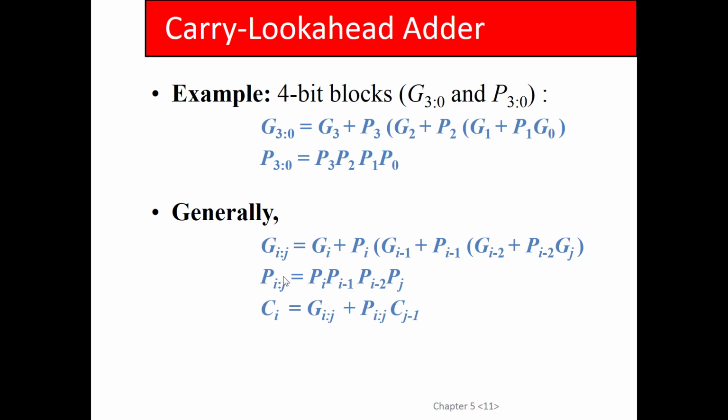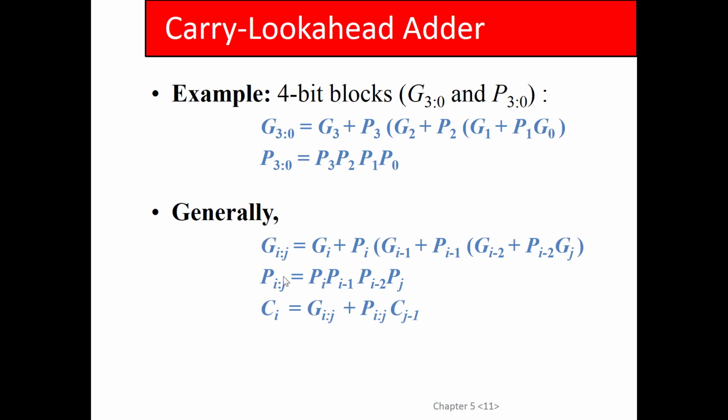So before, this was like generate 2, right? Generate 3. But this says 3:1. This covers 4 bits. This is the generate that covers 4 bits, right? And you can build it from the individual generate and propagates of the columns that are inside that group of 4. You guys with me?